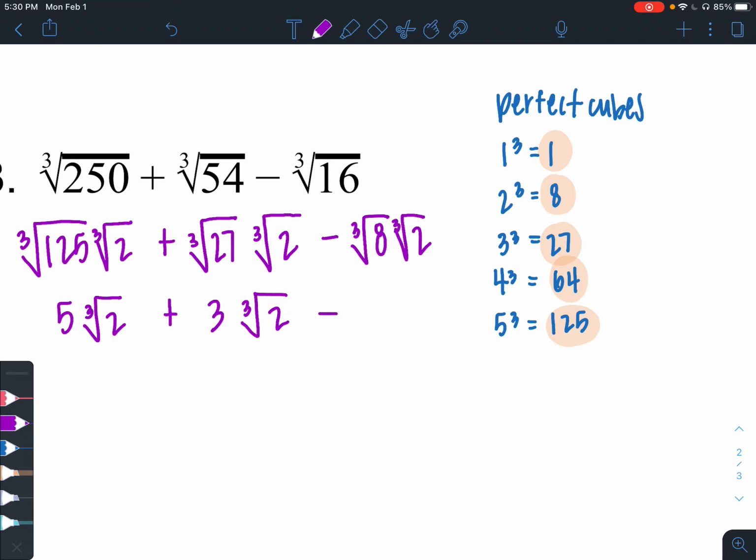Cube root of 27 is 3. Cube root of 8 is 2. Okay, so now that we've simplified, we have the same index and the same radicand, so we can combine. 5 plus 3 minus 2 gives us 6 cube root of 2.